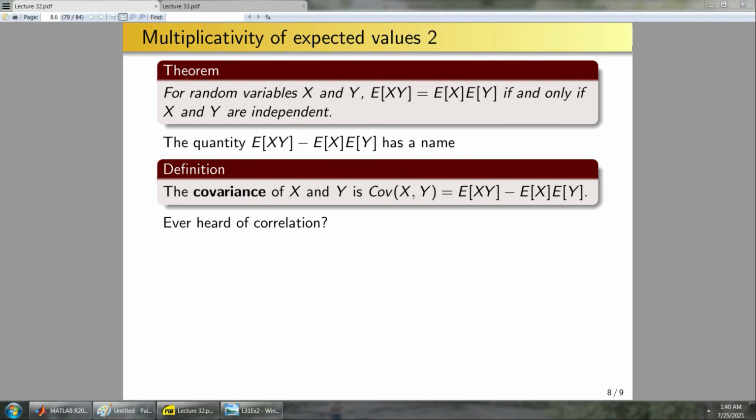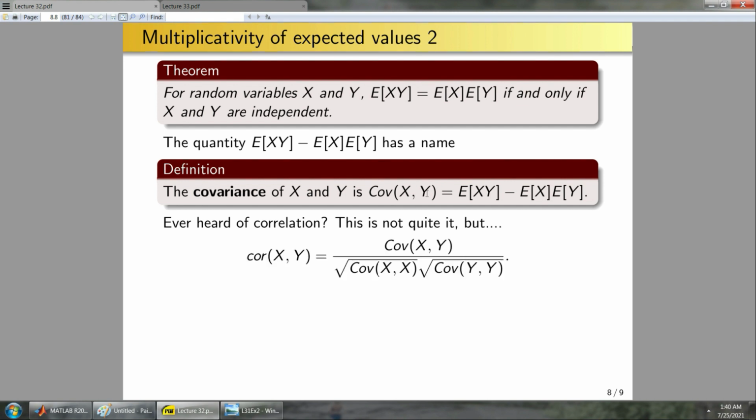Well, likely, right? Lots of times people say things like correlation does not imply causation. Well, this quantity is not quite it, but the correlation of X with Y is actually the covariance of X with Y divided by the square root of the covariance of X with itself and the covariance of Y with itself.